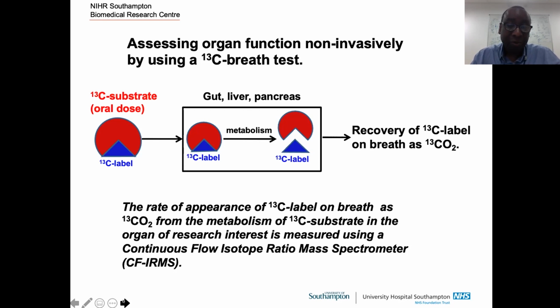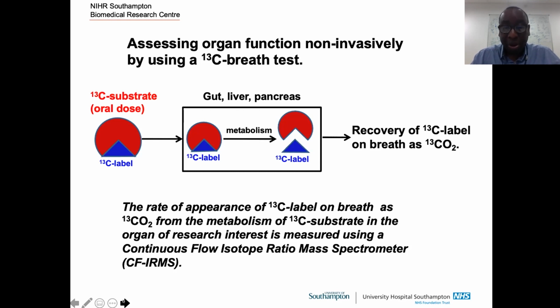And therefore, if the organ of interest, whether it's in the gut, in the liver, or in the pancreas, the 13C substrate is then metabolized, and the 13C label, which is designated in the blue triangle, then gets cleaved off the 13C substrate, and then is recovered on breath as 13CO2.